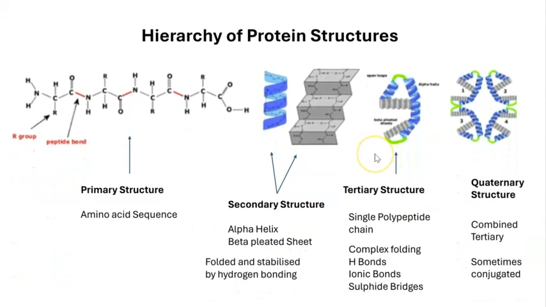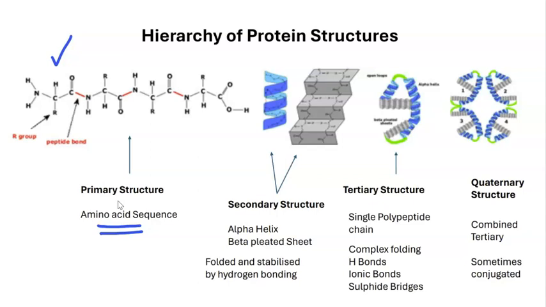Just to frame the context, remember that we've already looked at the primary structure, which is the order of the amino acids in the polypeptide chain as dictated by the gene. These chains don't exist as straight chains in the cell.